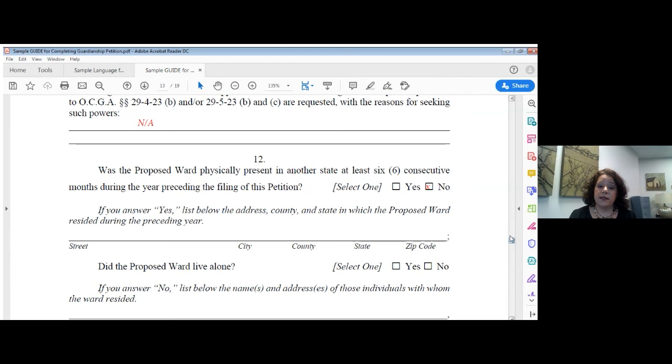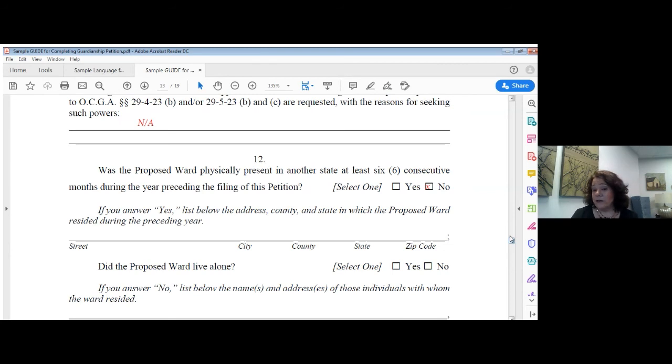This was brought into the Georgia code in response to what you might hear referred to as granny snatching, where one child, the child down in Florida had mom, and then the child from Georgia shows up, brings mom back to Georgia, and quick is trying to file for guardianship before sibling in Florida can do anything about it. So again, not applicable probably in your circumstance, but that's just to give you an idea of where the court was coming from on this. So I think in your case, this would be no.